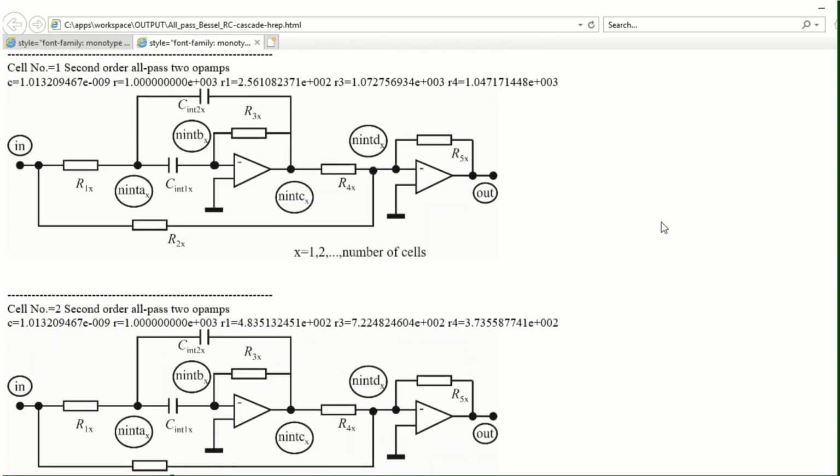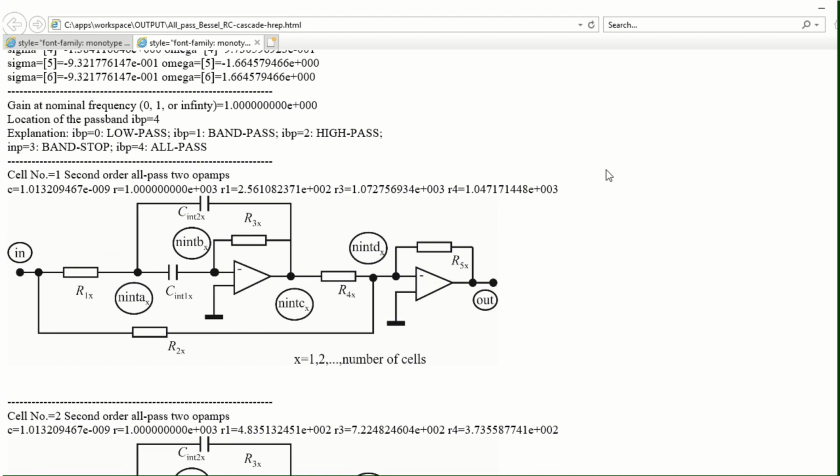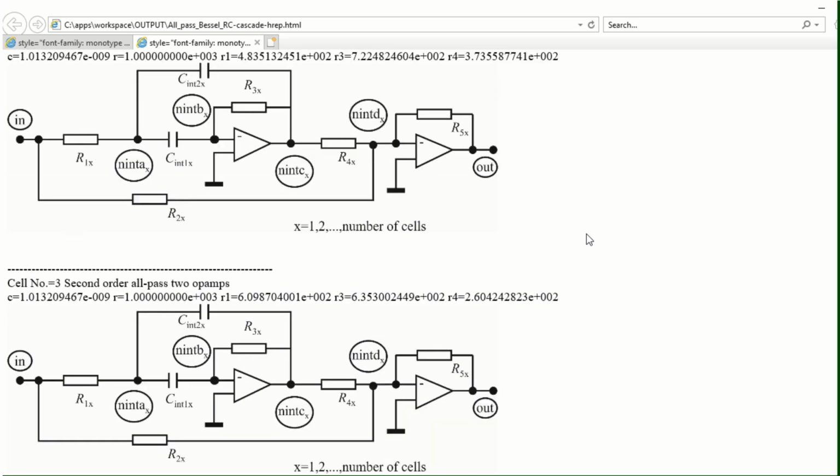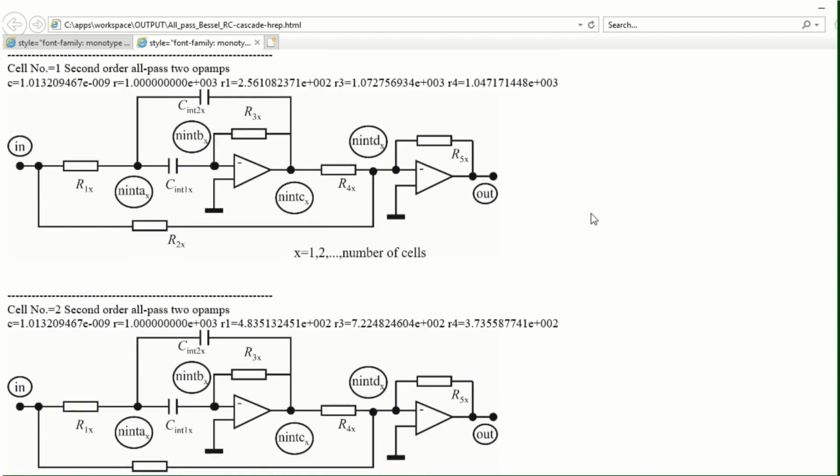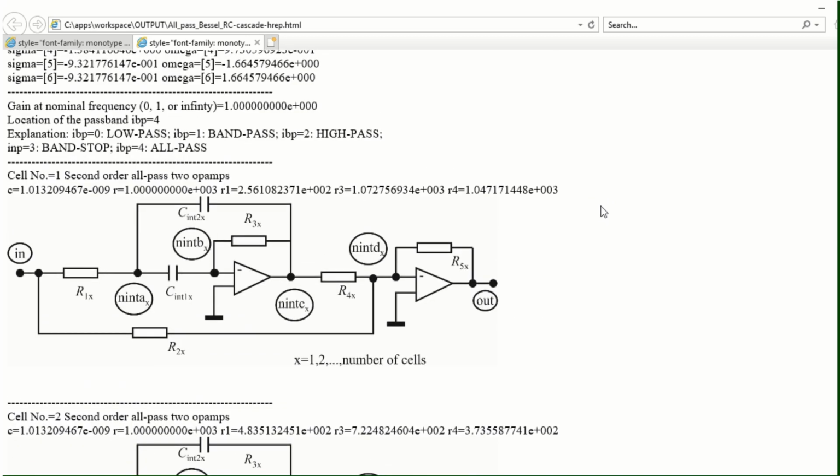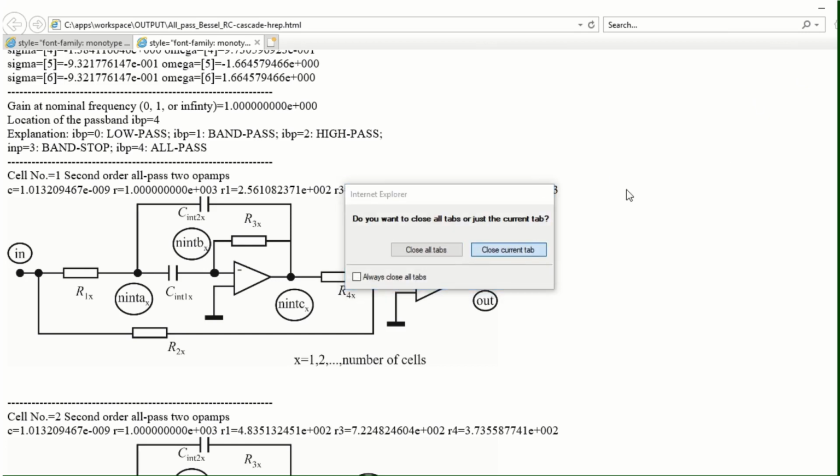And here, these are the cells, active RC cells, which are second order, which are used for the realization of one cell of the second order cell of all-pass circuits. There are 3 of them. A lattice. So this is substitution for the lattice, which was usually used earlier when a circuit without transformer were designed.